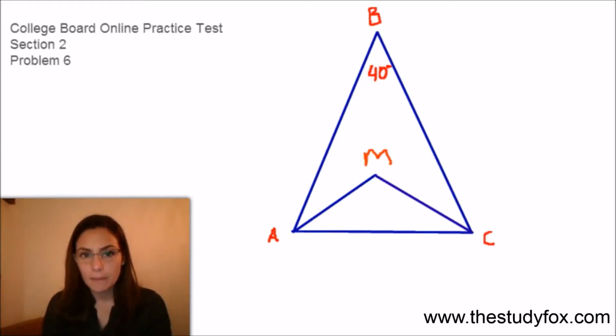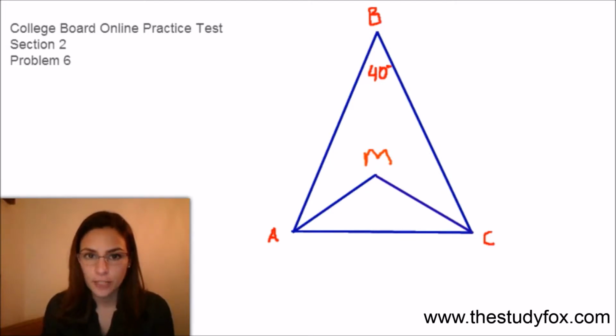Okay, let's take a step back and think about all the facts that were given to us in this problem. First, we have the actual triangle, which I've written down here on our whiteboard. The first fact is that it's an isosceles triangle. Remember, the problem never gives you extra information. It just gives you what you need.